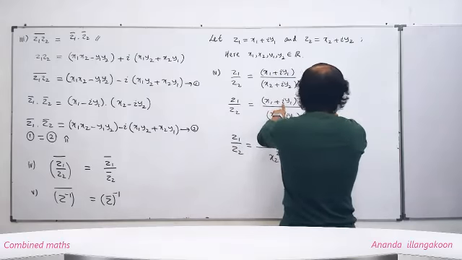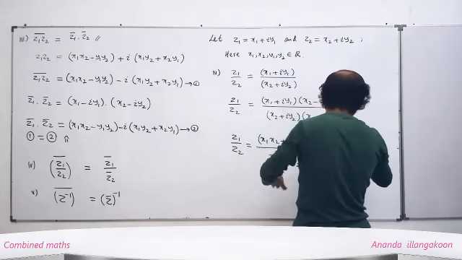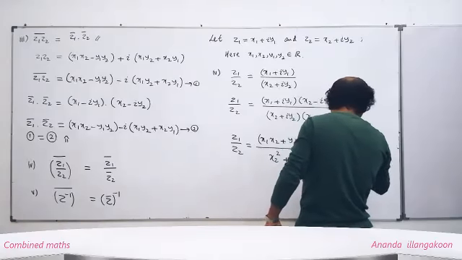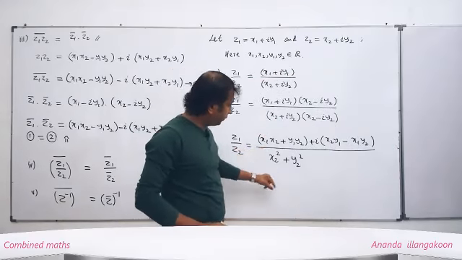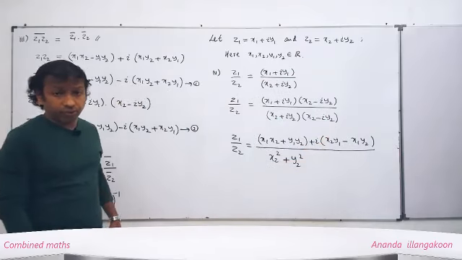Right? And this and this, when you multiply, we get I out, minus sign we get there, X1, Y2. Then I can divide this by this. Then we can form it to X plus IY form, right?